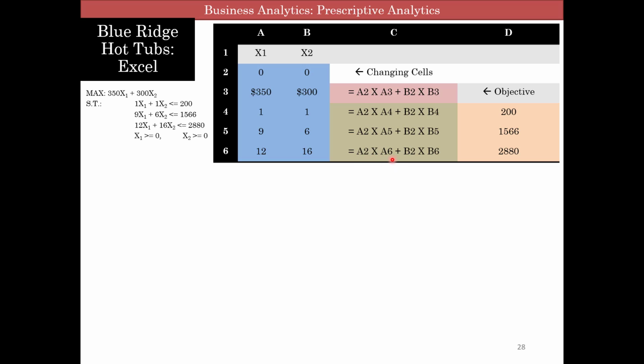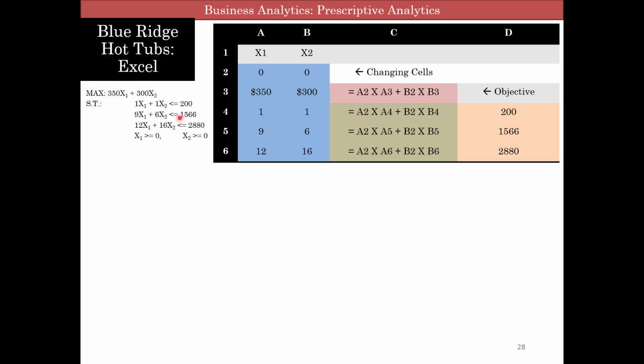The first thing to do, this C here contains all the equations which you have here. So 350 multiplied by x1 plus 300 multiplied by x2. That comes in C3. When I say equal to A2 multiplied by A3 plus B2 multiplied by B3, the equation here gives you your objective function.